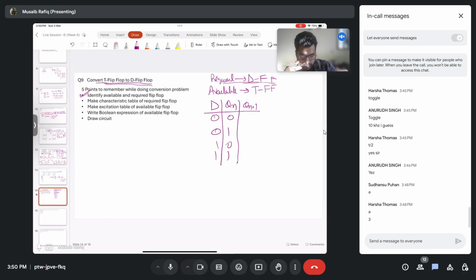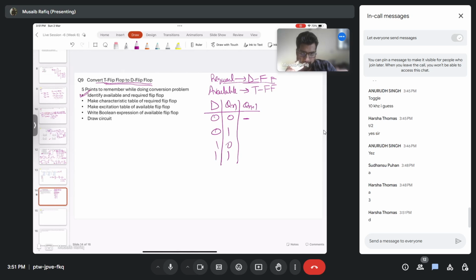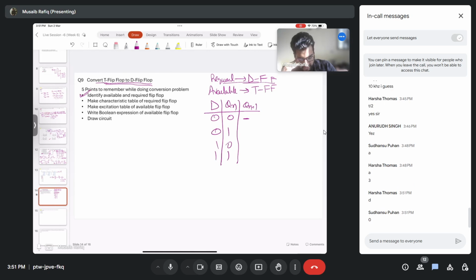So what will be this? Yes, D, that is 0, correct. So this will be 0, this will be 1, this will be 1. So point 2 is also marked.